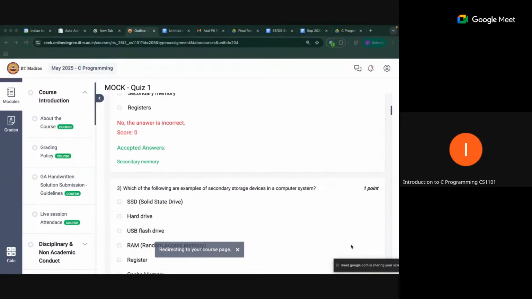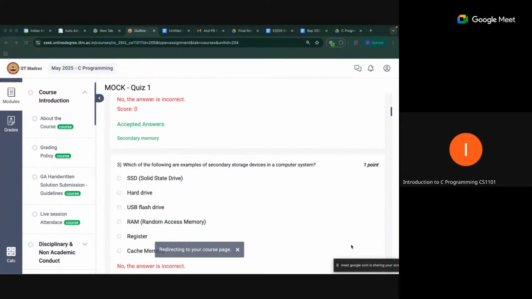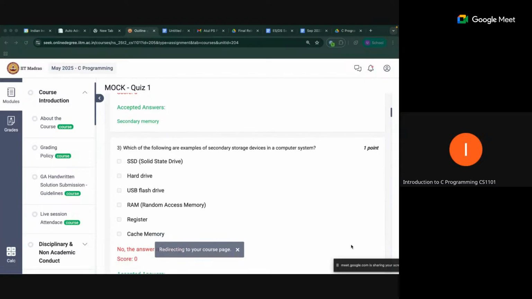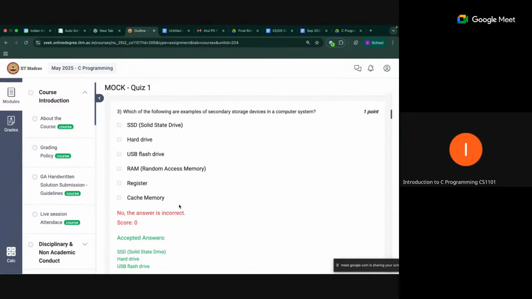Next question: which of the following are examples of secondary storage devices in a computer system? Option A, B, and C. Yes, secondary storage is SSD, that is solid state drive, and the hard drive, which is nothing but the hard disk we are using, and USB is also secondary storage.